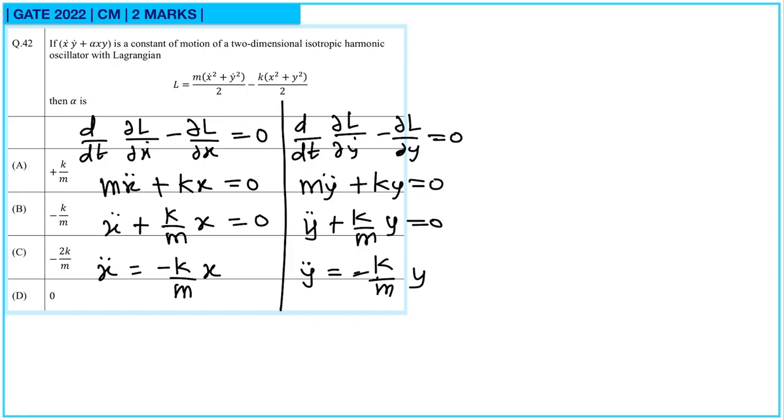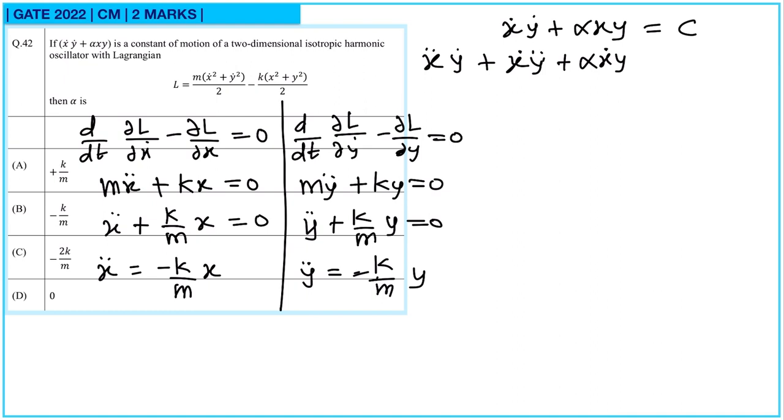Now here it is given that x dot y dot plus alpha xy is some constant. So its derivative will be 0. So let's take the derivative. So x double dot y dot plus x dot y double dot plus alpha x dot y plus alpha x y dot. This is equal to 0, and we have these values which we can substitute here.